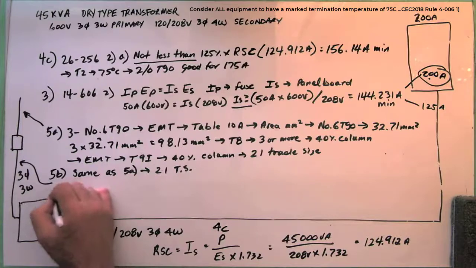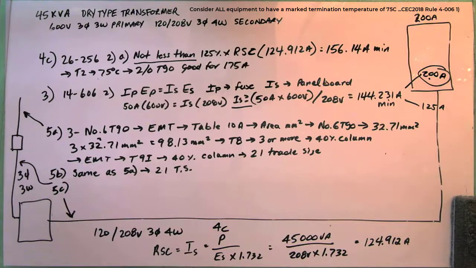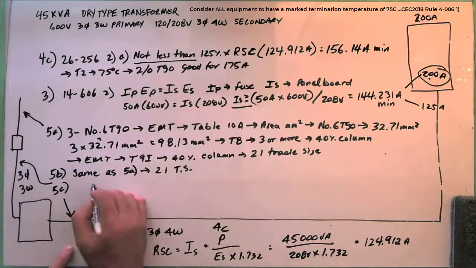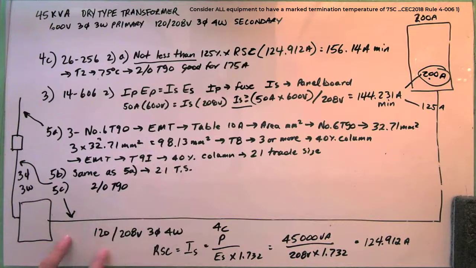Now 5C is here. Well, what wires did I use over here? 2/0 T90s. How many were there? 4-wire, right?